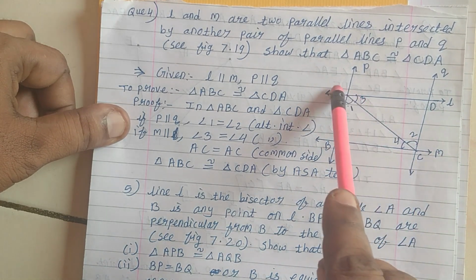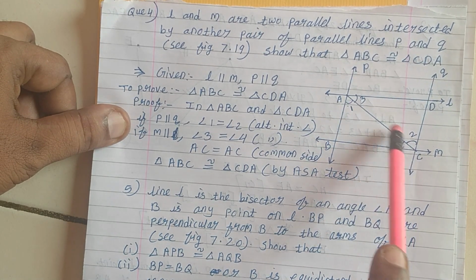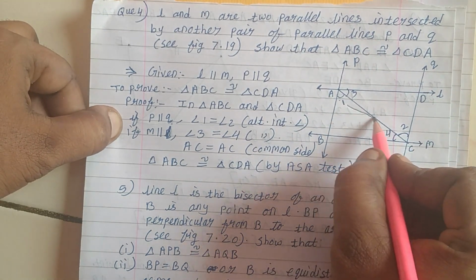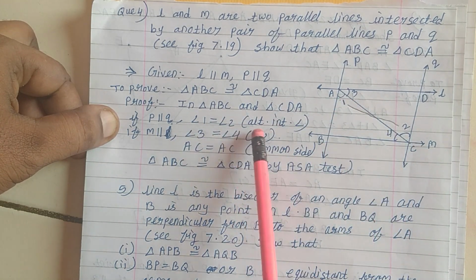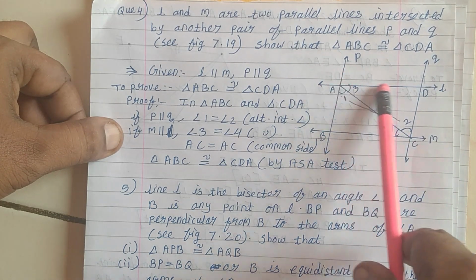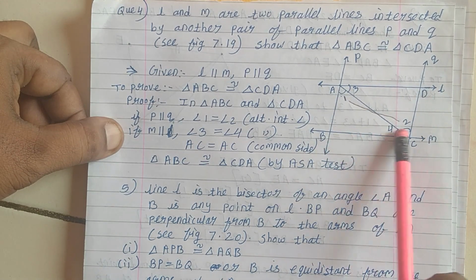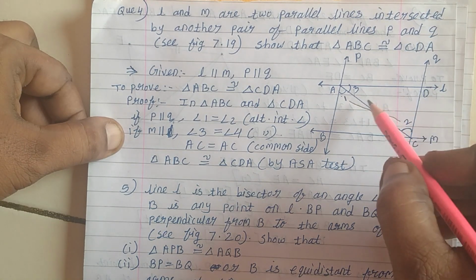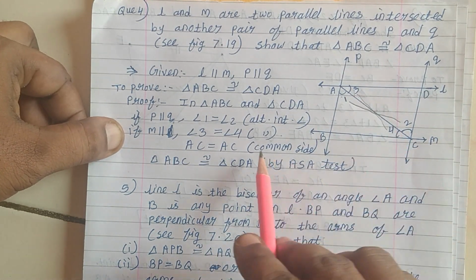And if we consider AC as a transversal, then angle 1 and angle 2 will be alternate angles. So angle 1 will be equal to angle 2, alternate interior angles. Now M is parallel to L. If we consider AC as a transversal, then angle 3 and angle 4 will be alternate interior angles.